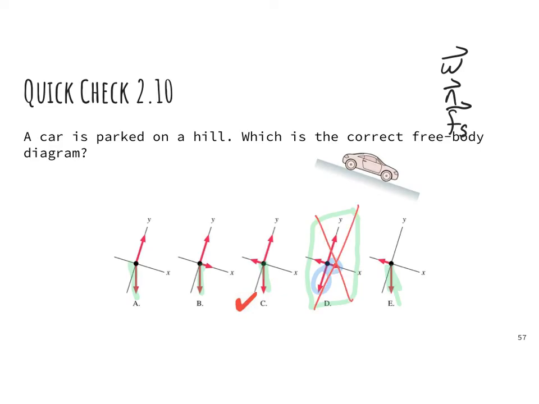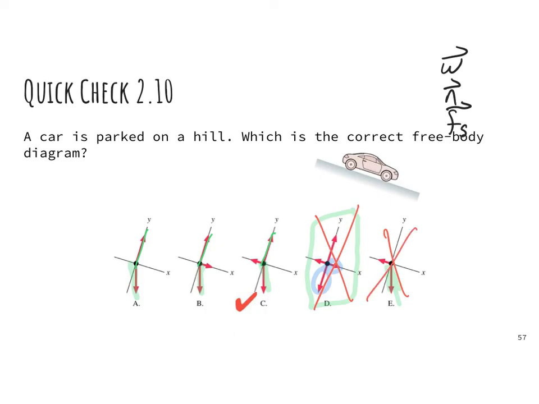Okay, then we also have the normal force, and the normal force is always perpendicular to the surface. It's going straight up from the surface, so that's correct. C is still correct, B is still correct, and A is still correct. And that's where we lose E, because E doesn't have that normal force identified, so that's not right.